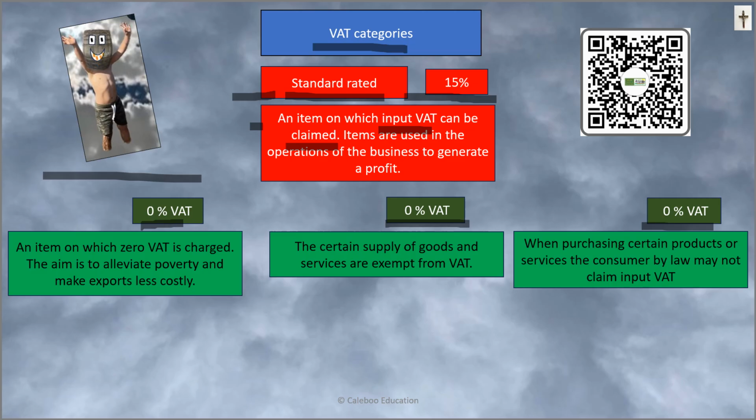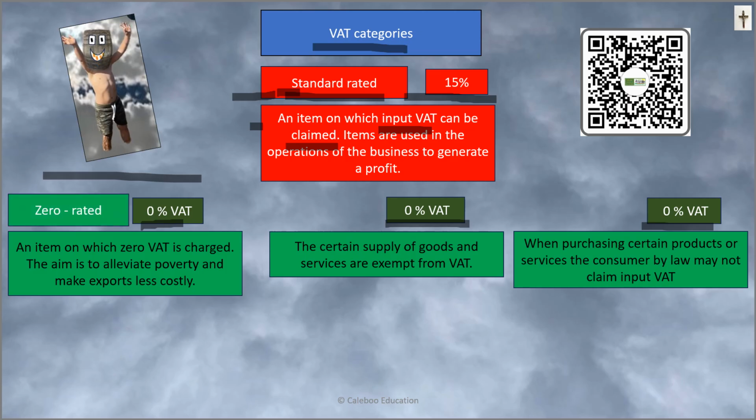So these items that are purchased for a business, say for example equipment or stationery, 15% you can claim if you're buying from a VAT vendor on standard rated items. So if we bought equipment for 115 Rand, 15 Rand could be claimed for input VAT.